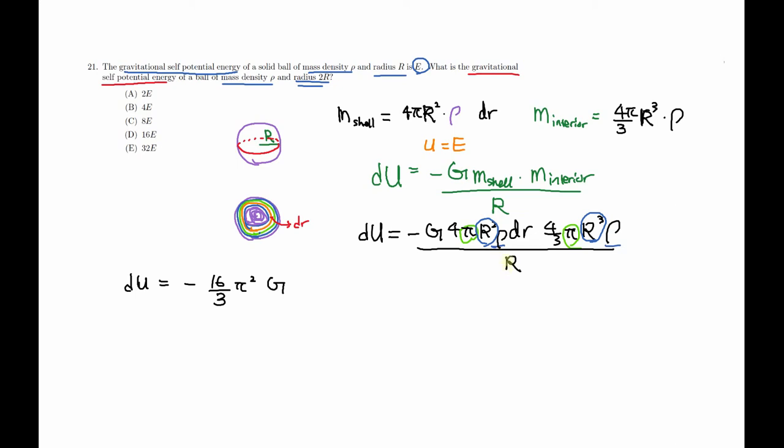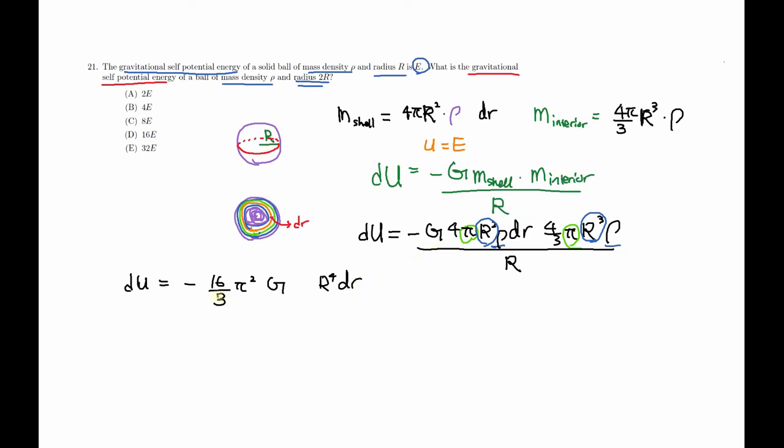However, we have an r on the bottom, so we get r to the fourth power, and because we have dr here, we're gonna keep that. So r to the fourth dr. Are we missing anything? Okay, it doesn't seem like it.